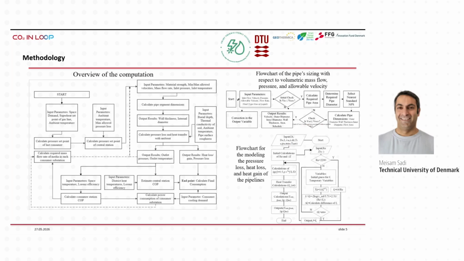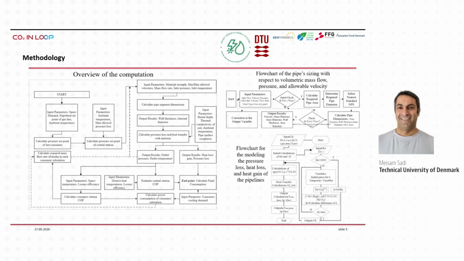Taking in input variables, ambient temperature, which is the heat source temperature, and the required customer temperature, which defines the heat sink temperature, and also the temperature of the network, which should be defined between the heat source and the heat sink temperature. Also, we consider the standard pipe size by defining the maximum allowable material stresses and the allowable velocity of the vapor and the liquid.